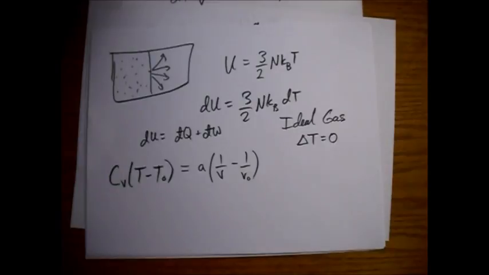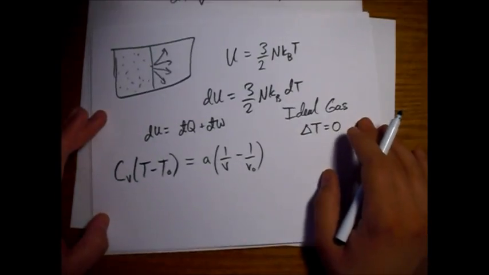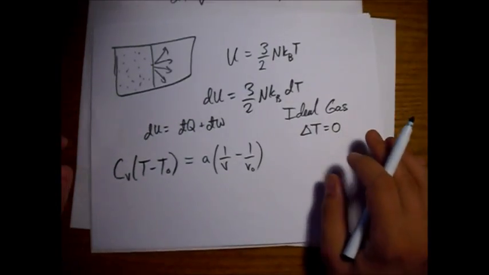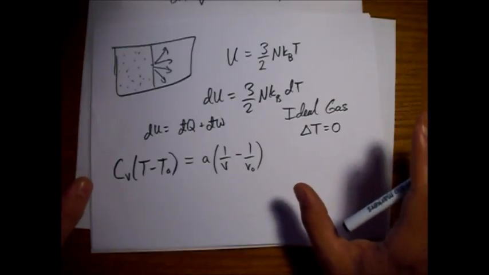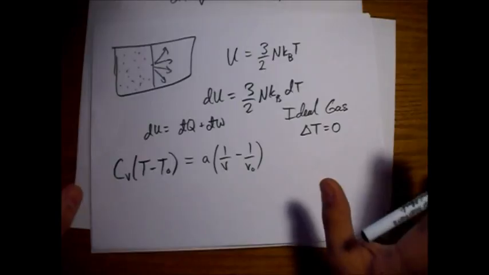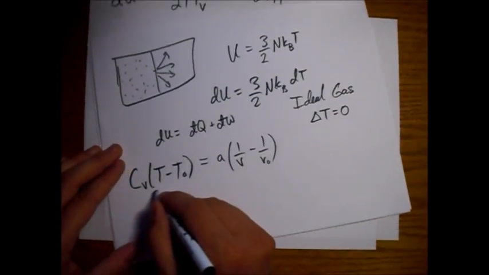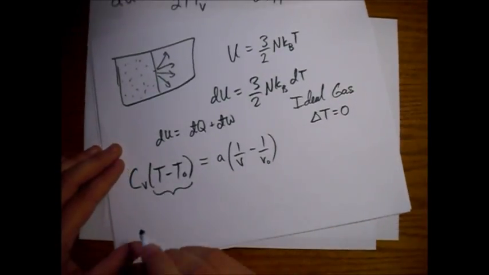Okay, so here we go. What were we even talking about? We're talking about the difference in temperature of the gas for free expansion, all right? That difference in temperature is this right here.